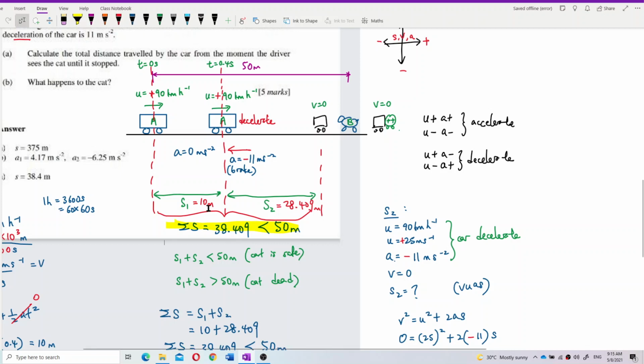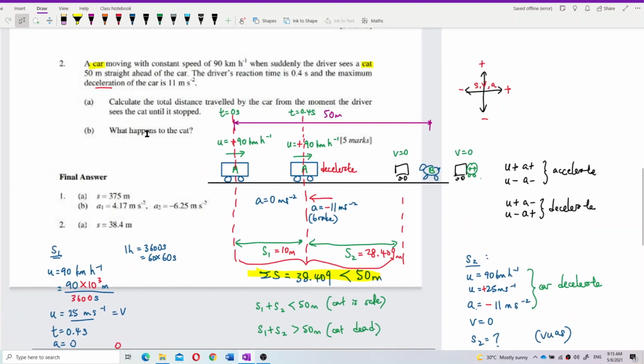The total displacement S1 plus S2 is 38.409. That means from before the reaction time until it stops the car, the total displacement is only 38.409, which is less than 50 meter, because the distance from the car to the cat at 0 second is 50 meter. The displacement of the car for S1 plus S2 is only 38.409, so it's less than 50 meter.